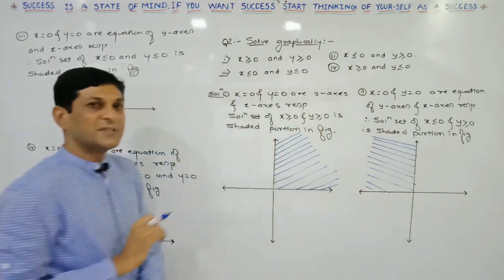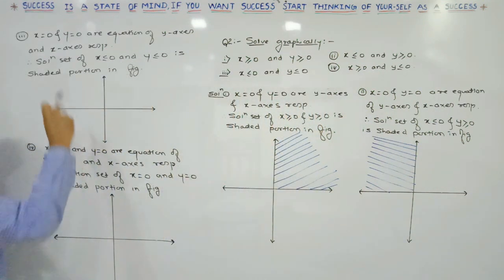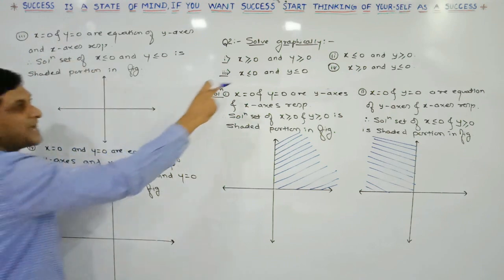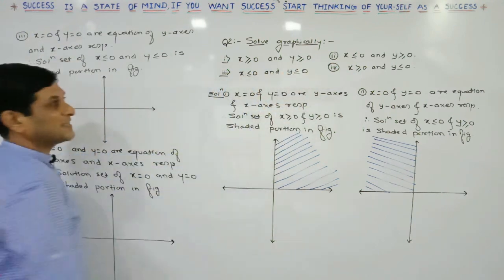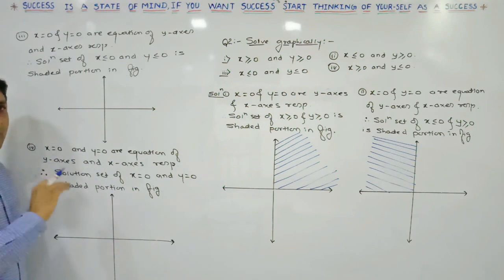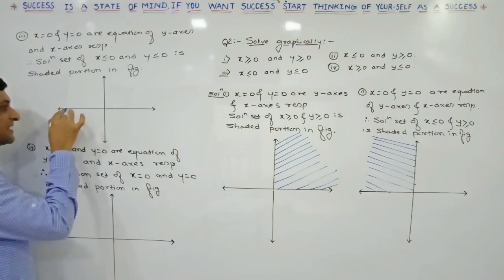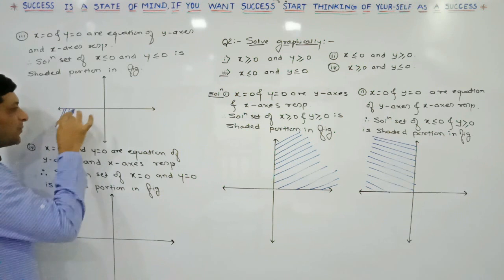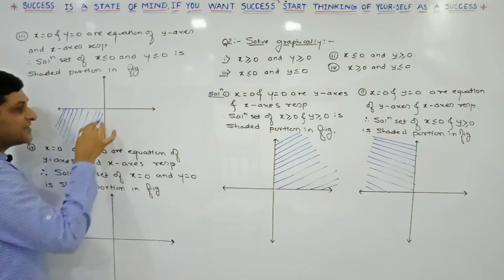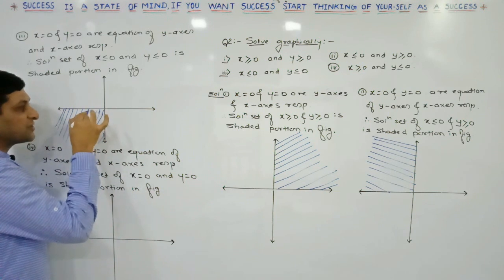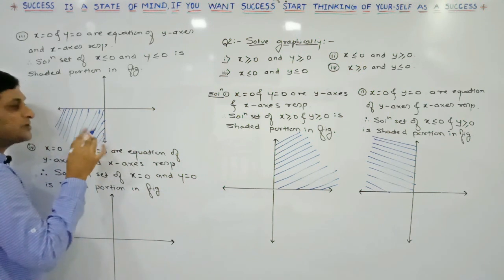Now see example number 3. Here also the lines are x is equal to 0 and y is equal to 0, and the value of x is less than 0 and y is also less than 0, meaning both x and y are negative, and we know that when x and y are negative, points in the third quadrant satisfy this condition. That's why we can say that the shaded portion is nothing but what? The solution set.